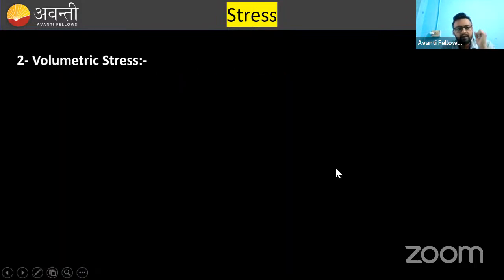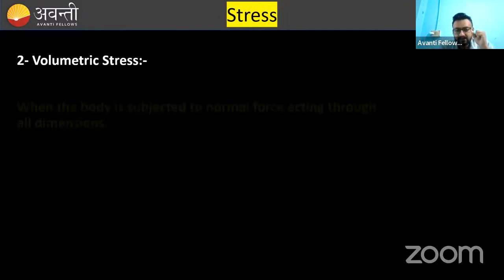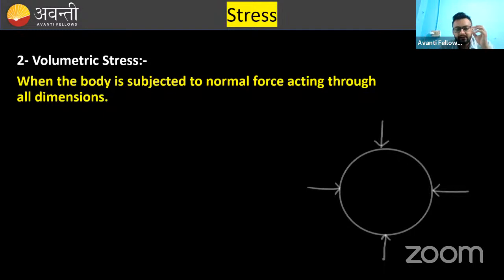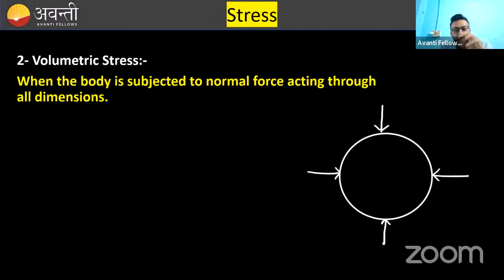Again, moving further. Another case is volumetric stress. This is an important aspect of the phenomena. What is volumetric stress? Let's say there is a body, and on every part of the body there is a force F acting.